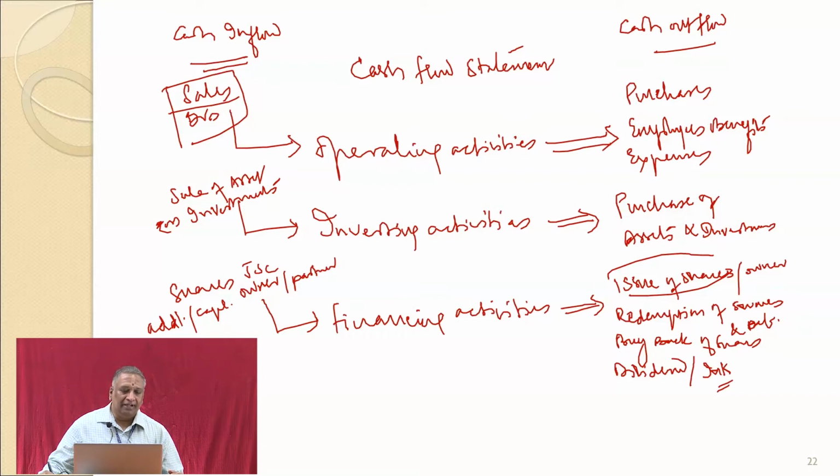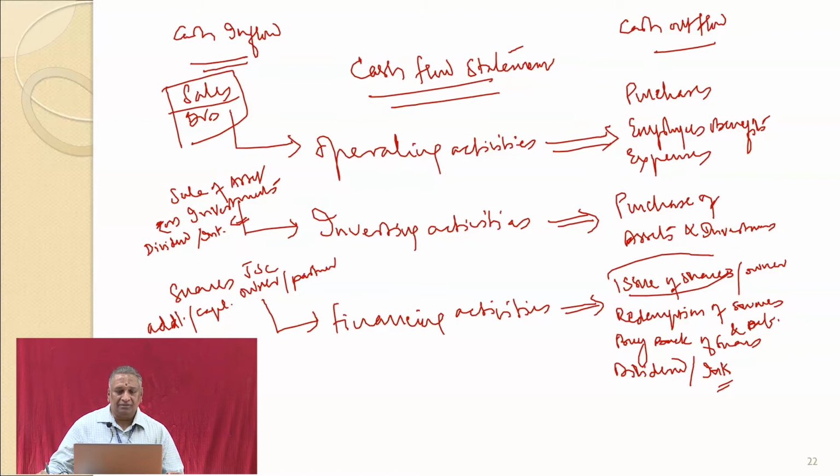Similarly, here the inflow can occur when you make investment in shares and debentures of some companies, you may get dividend or interest income. So these are the reasons or the sources from where cash inflow can happen in an organization, in a business concern, right?